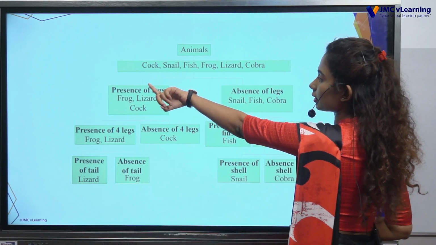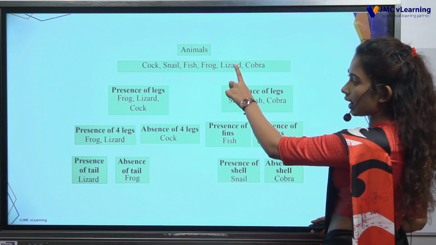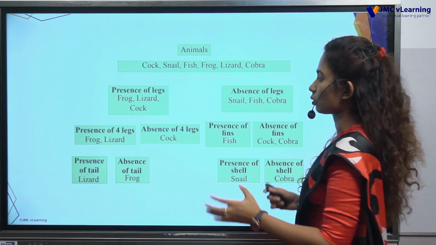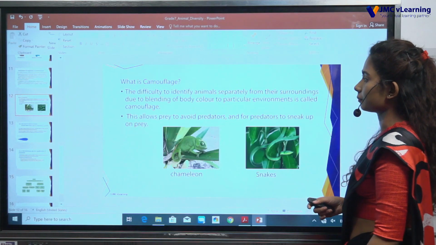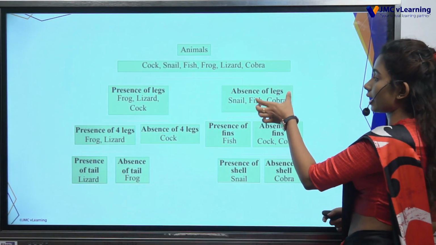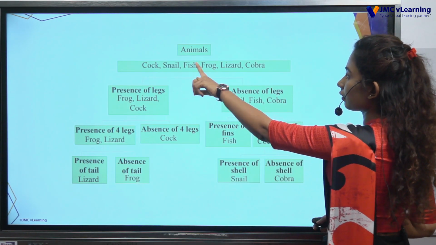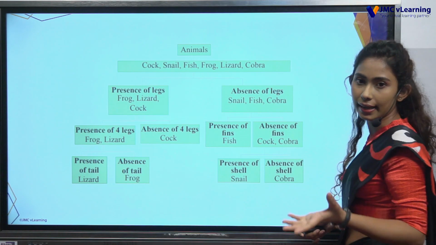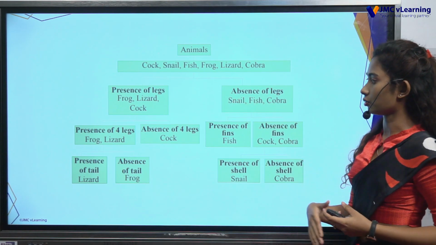The cock, frog and lizard have legs, so we can group them into the presence of legs criteria. Next, the absent feature, absence of legs. The snail, fish and cobra don't have legs, so they are included in this group.